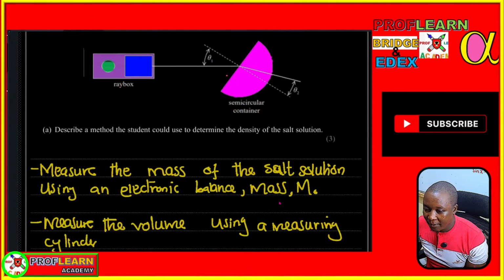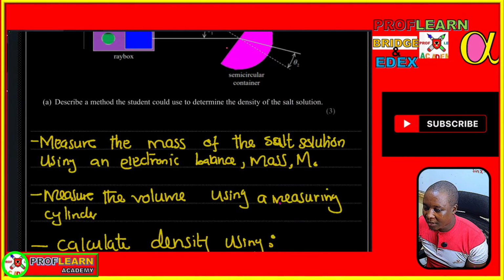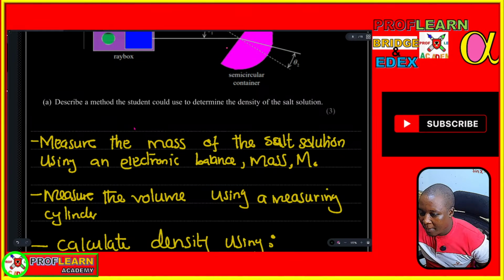So the student should measure the mass of the salt solution using an electronic balance. Maybe the student could have an electronic balance there, and place some liquid in that. Okay, this will be the measuring cylinder.